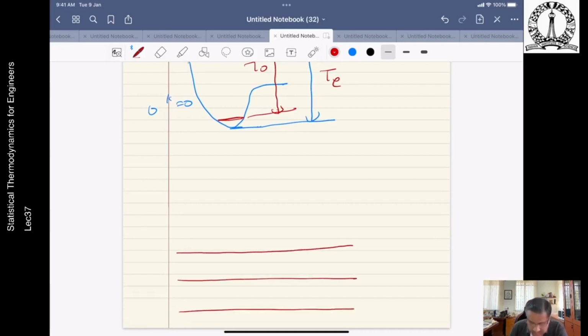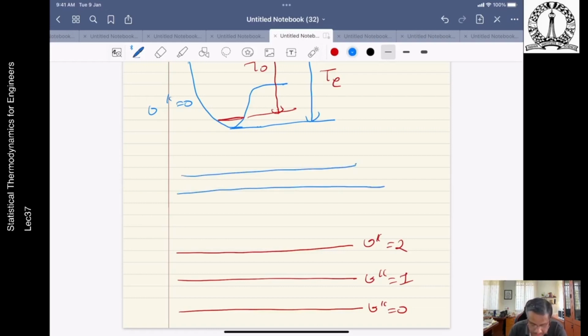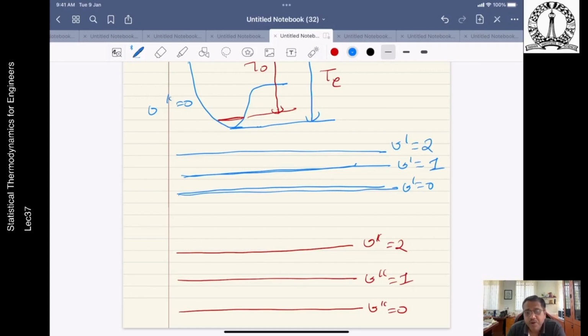This is V double prime equal to 0, V double prime equal to 1, V double prime equal to 2, and then you have an upper level. This is V prime equal to 0, V prime equal to 1, V prime equal to 2.